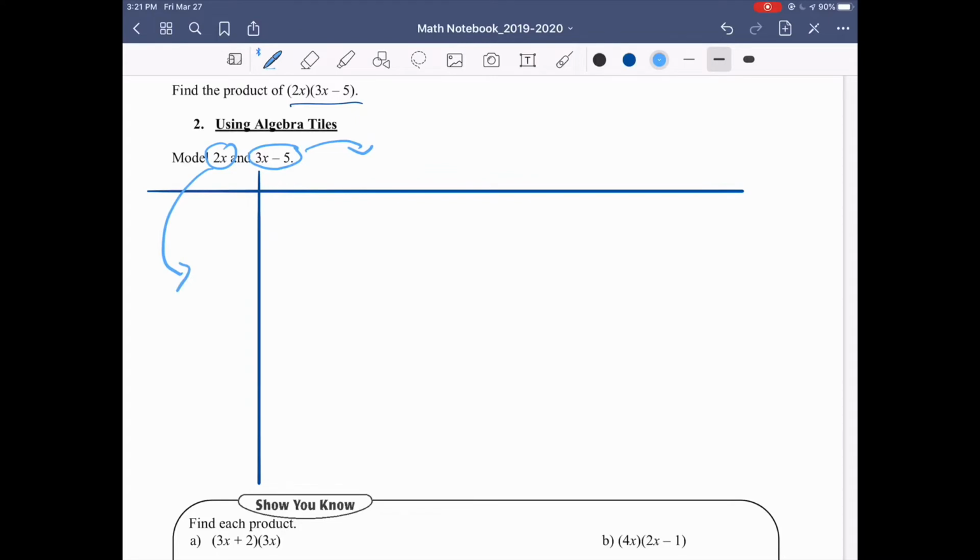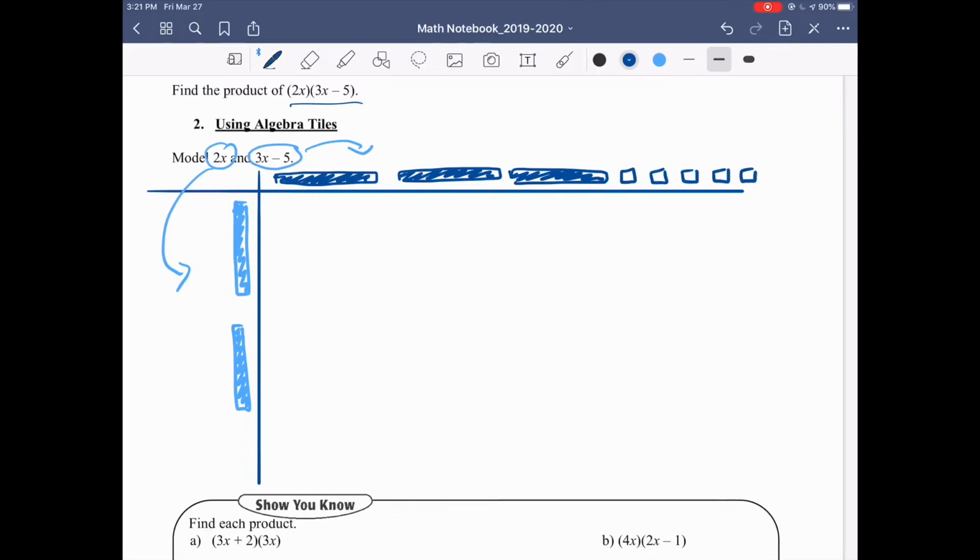So 2x is 2 positive x tiles, and 3x minus 5 is 3 positive x tiles, which I'm going to put horizontally at the top, and 5 negative 1 tiles: 1, 2, 3, 4, 5.